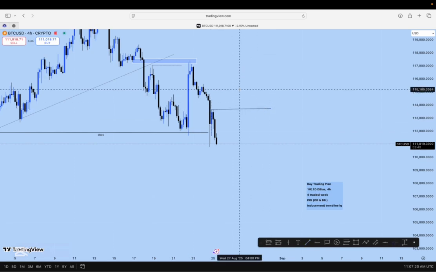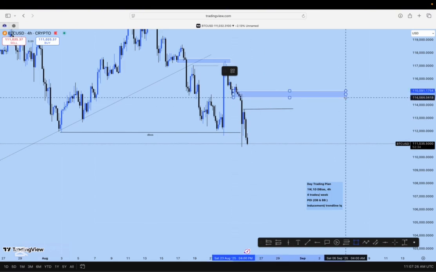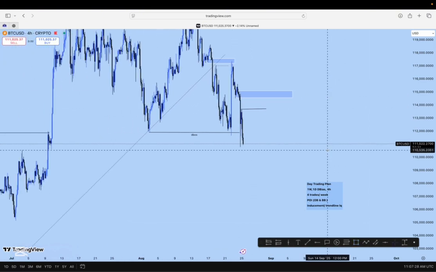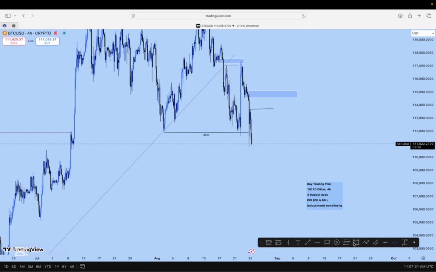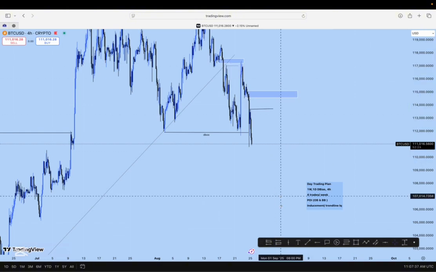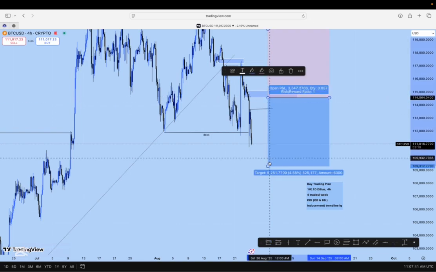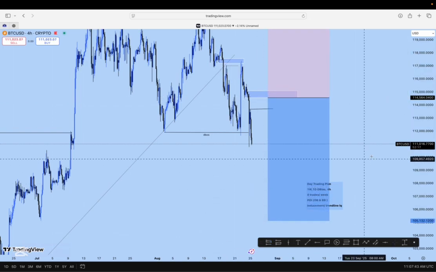this becomes the inducement liquidity for me, and a breaker block. Perhaps if price makes any pullback, here will be where I'll be taking a sell, because now we are confirmed bearish.